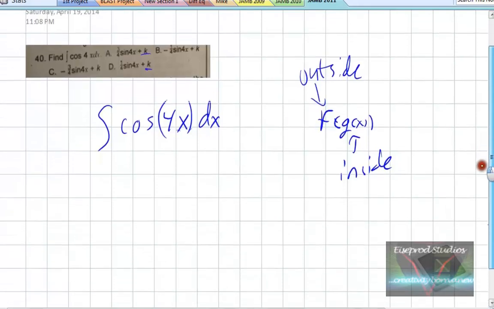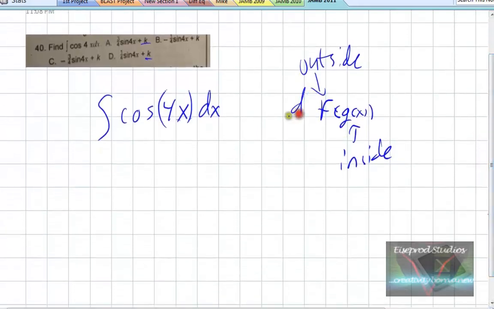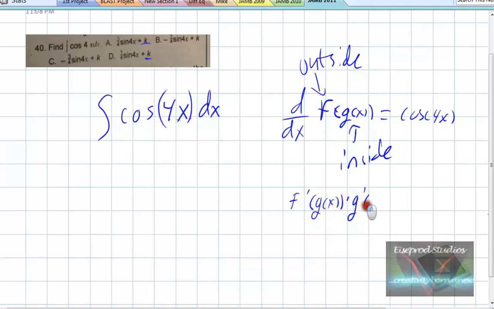Then we took its derivative, and we arrived at the cosine of 4x. When you take the derivative of a composition function, you have to use the chain rule, which states that your answer is going to be in the form of f prime evaluated at g of x, times g prime of x.